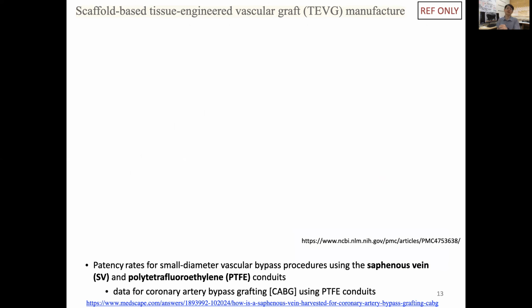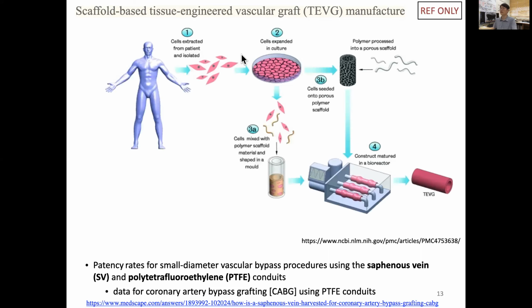I bring an example of a scaffold-based tissue-engineered vascular graft, or TEVG, manufacturing process here. The cells are extracted from the patient and isolated so that they can be used for the graft, so it is autologous.